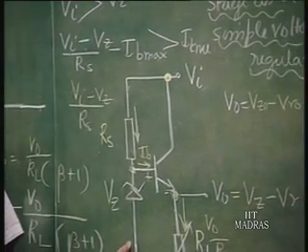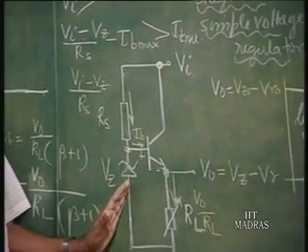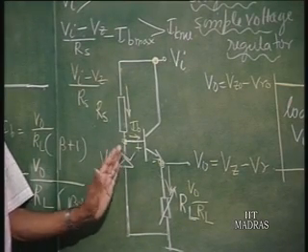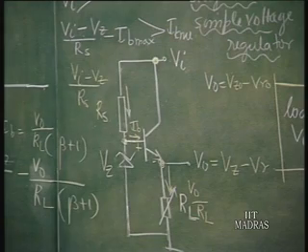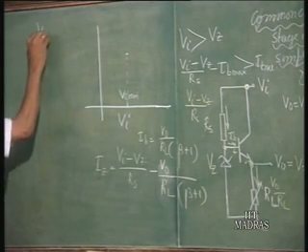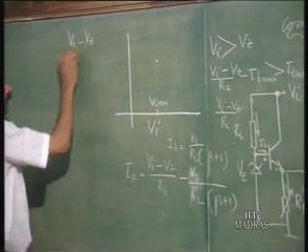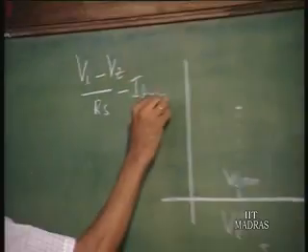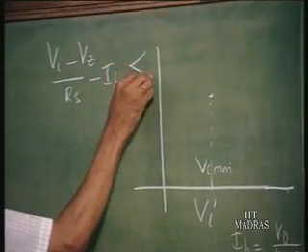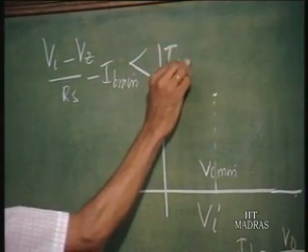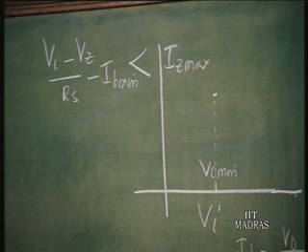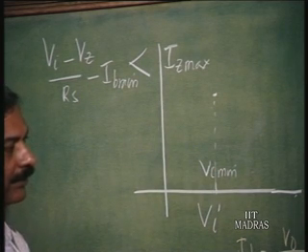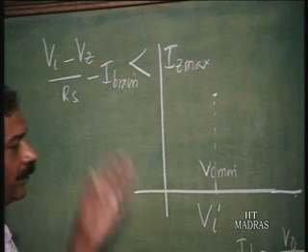That should not cause too much dissipation in the Zener. So, there is a maximum current limit in the Zener. We must have (V_I minus V_z) by R_s minus I_B minimum still less than I_Z maximum, based on the power dissipation in the Zener.